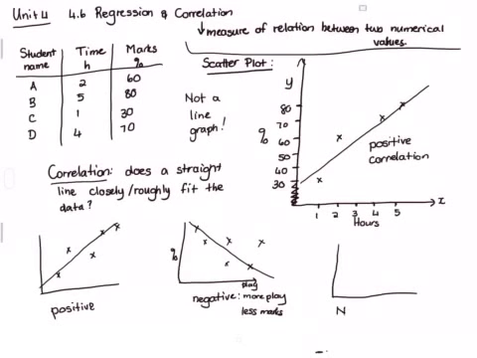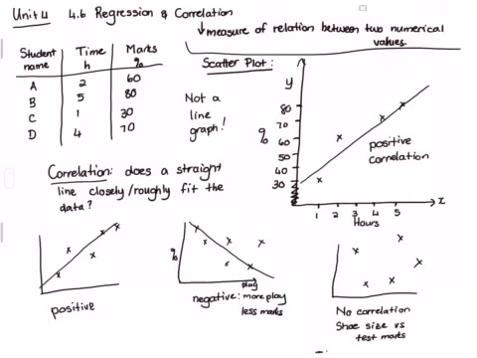You can also get no correlation. In other words, you do a study and you find, well, actually these things don't have any relationship to each other. Then they would not at all make any kind of line possible. They would just be scattered all over. What would be an example if we had to compare somebody's shoe size to his test results?